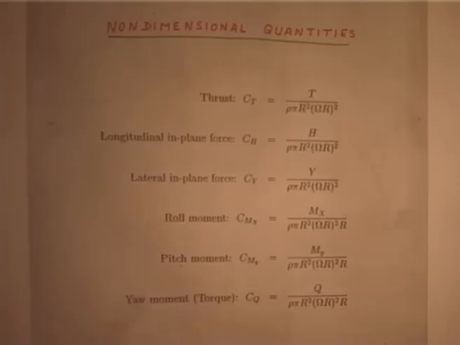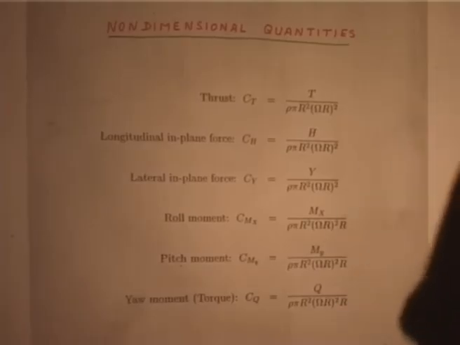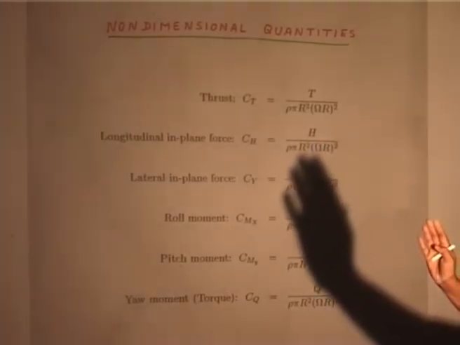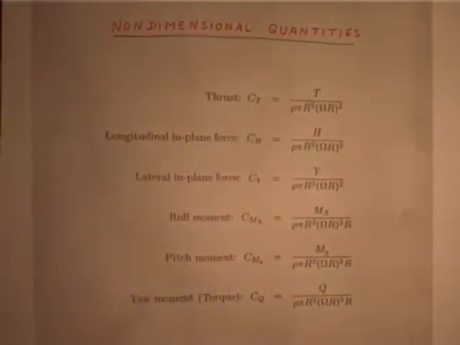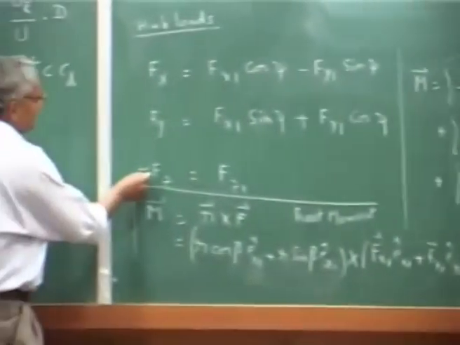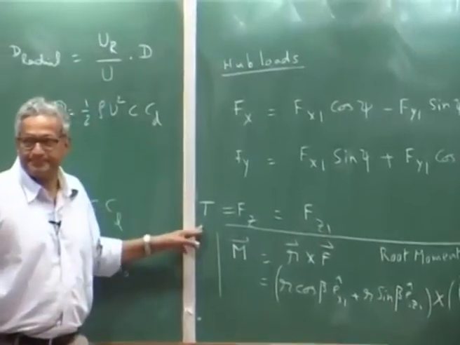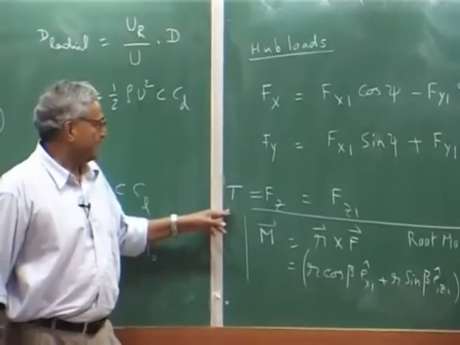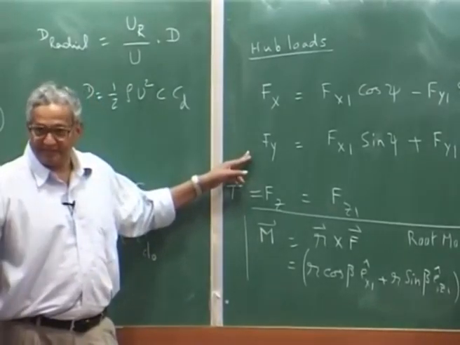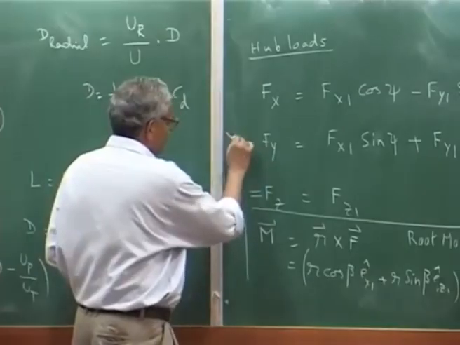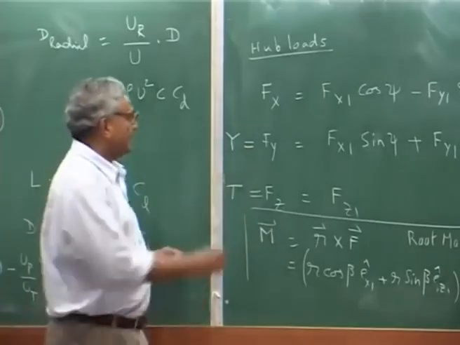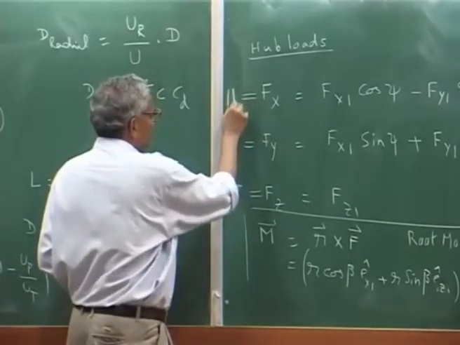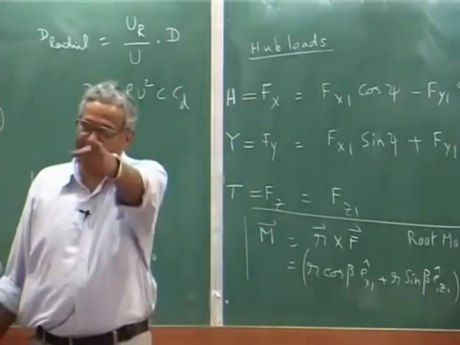Now, I have to write thrust is Fz, and when I am using the hub, I always call this load as thrust, and Fy, this is my side force, and this I call it H, which is the longitudinal force.